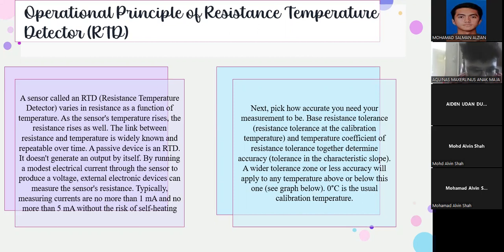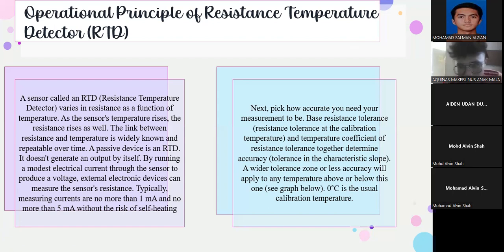It doesn't generate an output by itself. By running a modest electrical current through the sensor to produce a voltage, external electronic devices can measure the sensor resistance. Typically, measuring currents are not more than 1 milliampere and no more than 5 milliampere without the risk of self-heating.